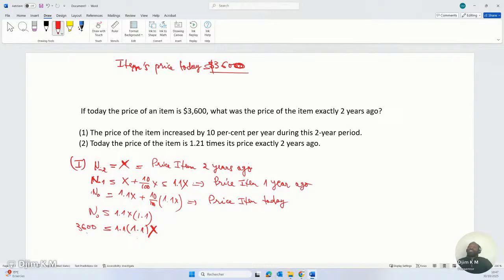In this particular question, we are not obliged to go to the end and find the solution. It's just to determine if we can get this value. So we have x as the only unknown value in our equation here. That means we can determine the value of x. So the first condition is sufficient.